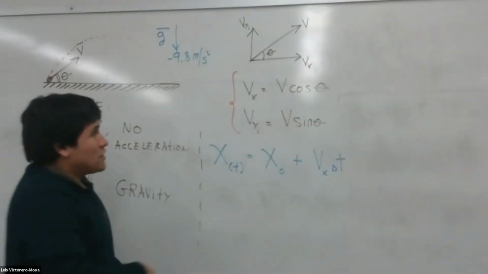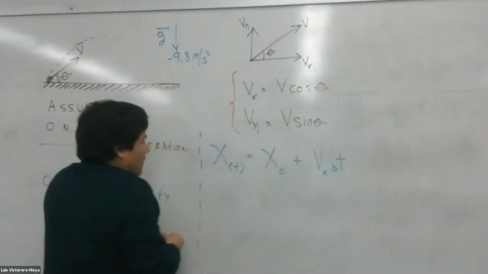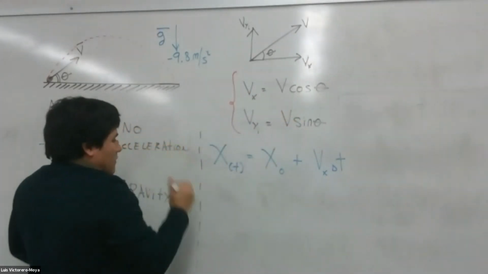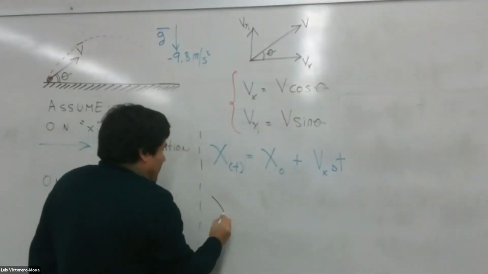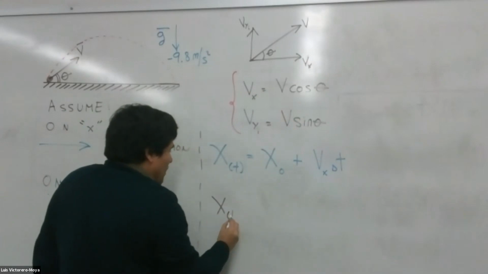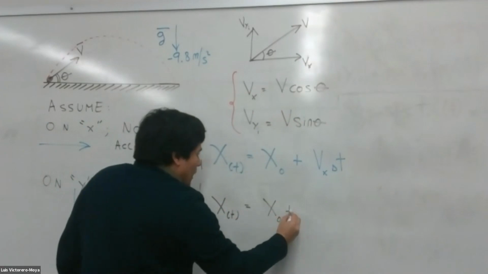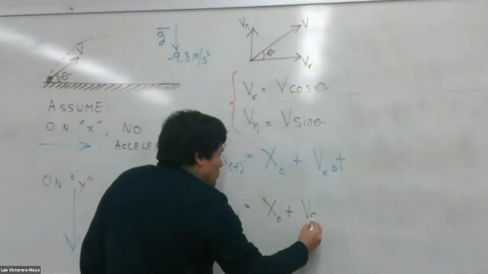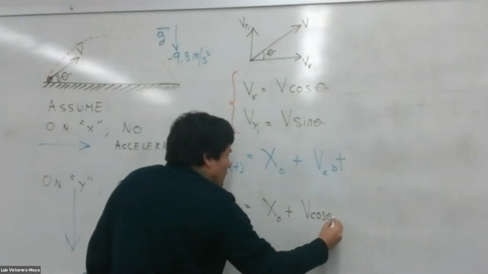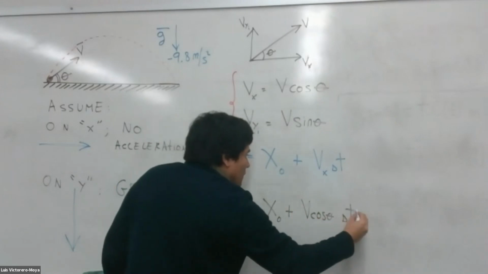Using this, x as a function of time is x initial plus V cosine theta delta t.